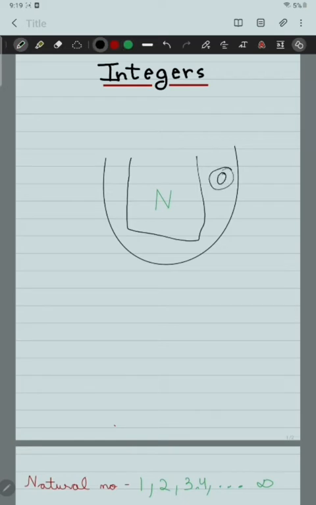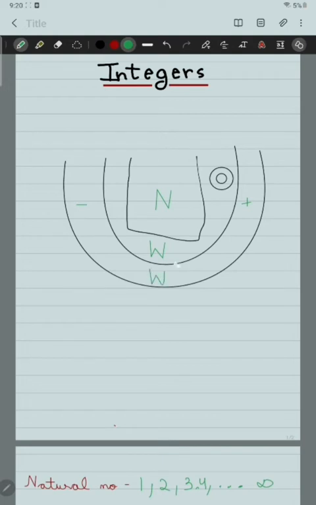So what would it be? It would be whole numbers. Now we have another group of numbers in which we have negative numbers and positive numbers both. So this would be known as integers. Integers are represented by Z. We use the symbol Z to represent integers.